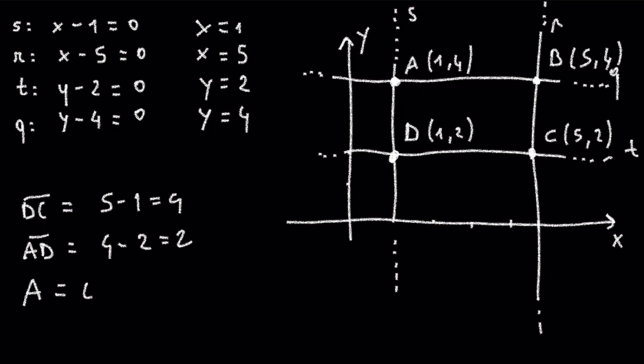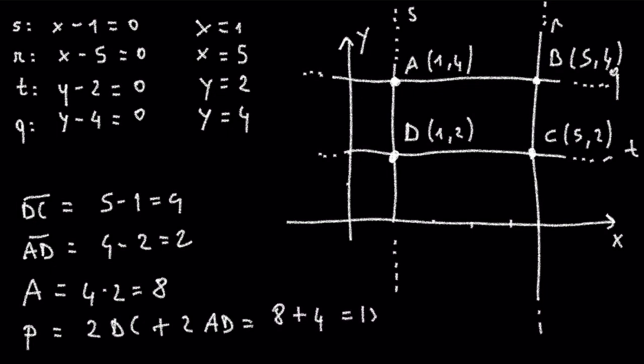Therefore, the area will be 4 by 2, which is 8, and the perimeter will be 2 times DC plus 2 times AD, and therefore it will be 8 plus 4 equals 12.